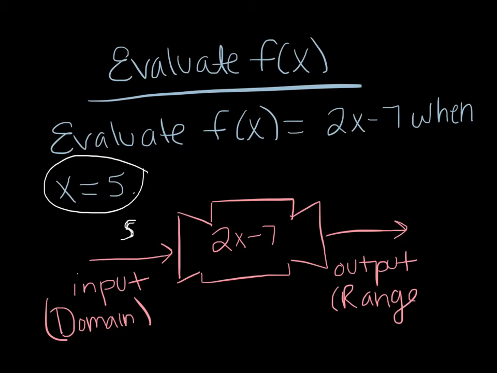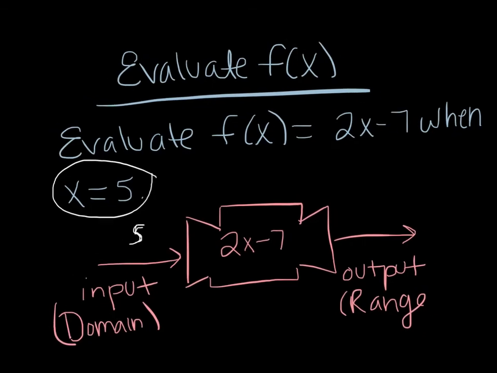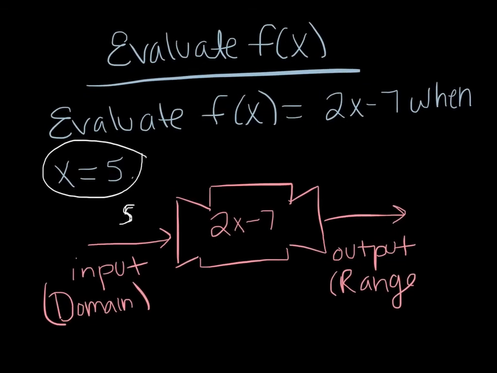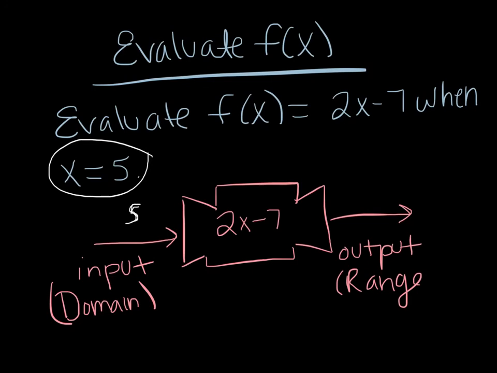That means a 5's going to go in that machine and it's going to come out. Well, in order to go anywhere, it has to go in the machine. Inside the machine, something is going to happen. We know that when x equals 5, which is my input, we have to multiply it by 2 and subtract 7. So inside the machine, I'm going to do 2 times 5 minus 7.